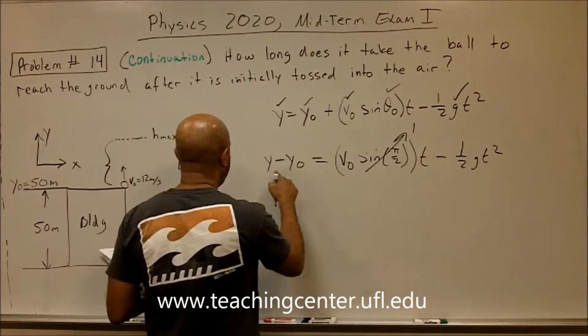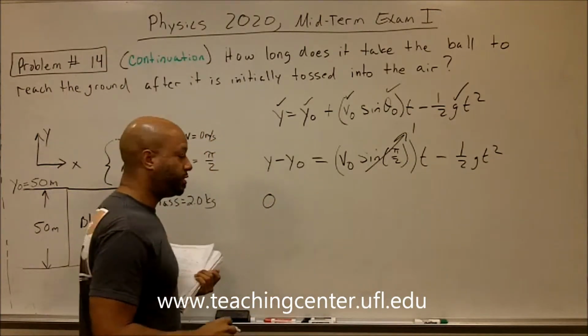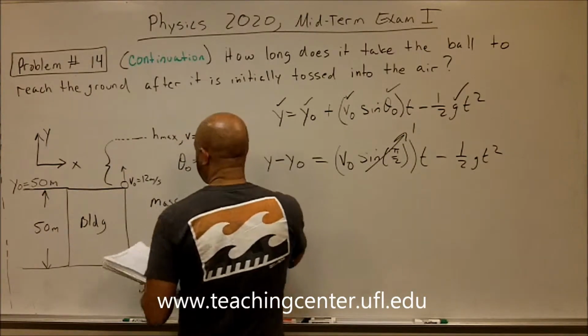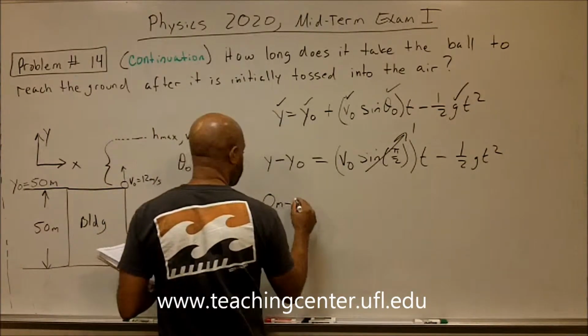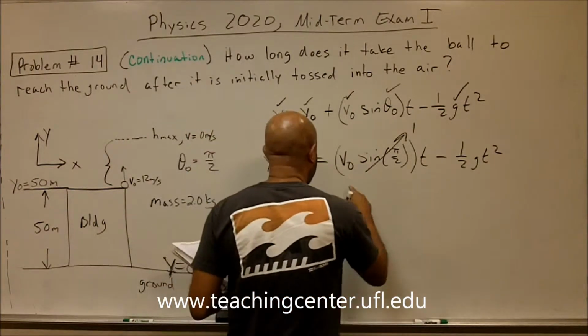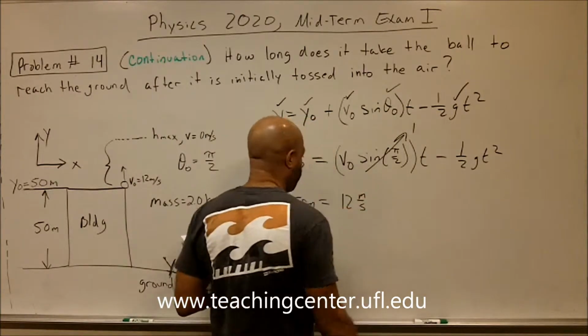All right, so we know that the final y is going to be 0 meters, minus your initial y, which is starting at the 50 meters on the top of the building, and we know that your initial velocity is 12 meters per second.